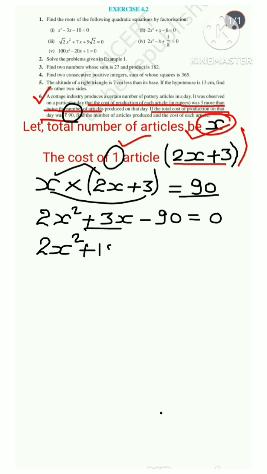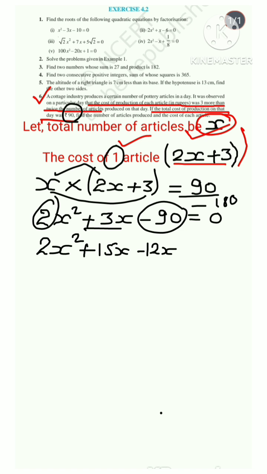plus 15x minus 12x, because firstly the coefficient of x square, which is 2, and the constant part minus 90 are multiplied, then we obtain minus 180, right?